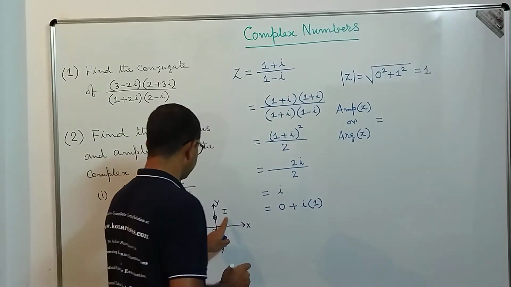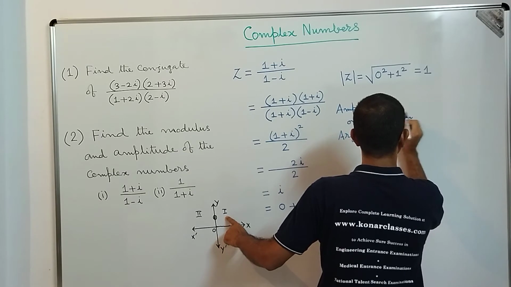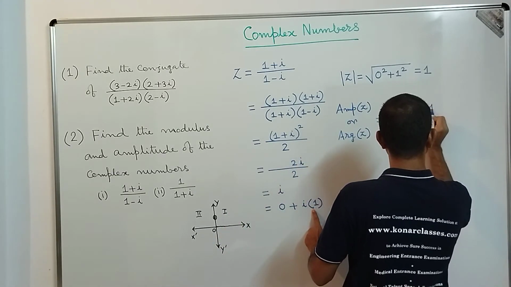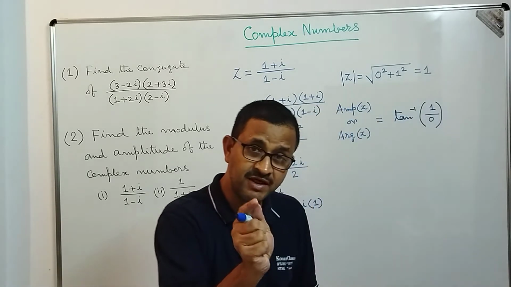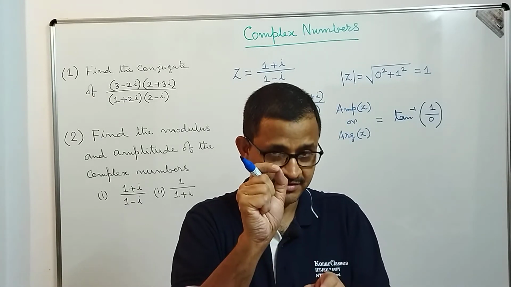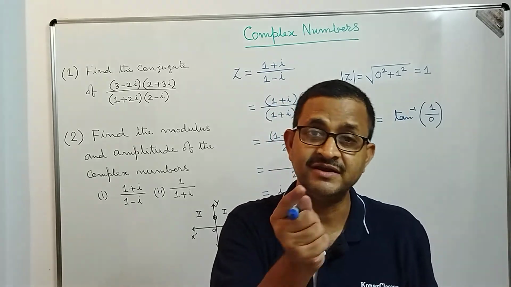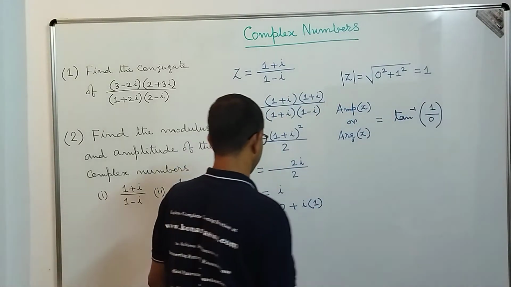If we consider it in the first quadrant, it will be tan inverse of b by a, where b is 1 divided by 0. If you recall, if x plus iy is a complex number in the first quadrant, then its amplitude or argument is tan inverse of y by x, where both x and y are positive.